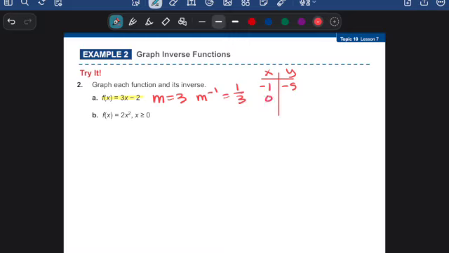When x is 0, plug it into the function, our output would be -2. When x is 1, 3 times 1 is 3, minus 2 is 1. And let's do one more just for fun. When my input is 2, plug that into the function, my output would be 4.